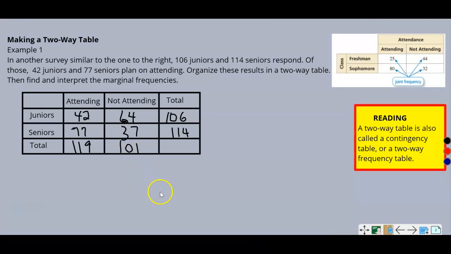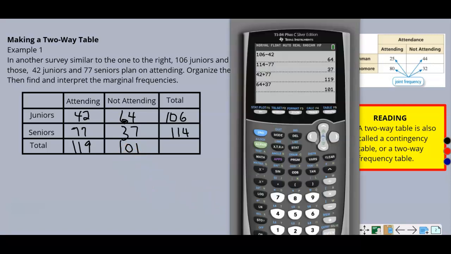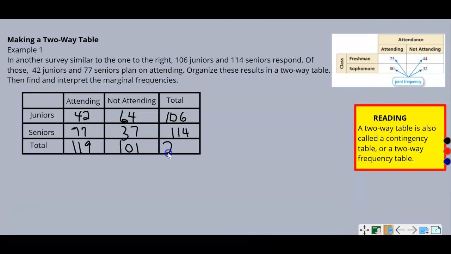All right, and the totals should be the same. So 119 plus 101 equals 220, and 106 plus 114 should also equal the same thing, 220.